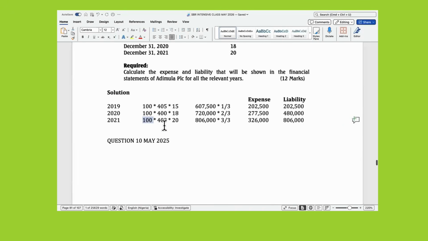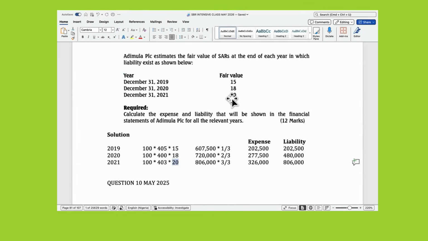So we did 100 times 403 multiplied by the fair value at year three, which is 20. And that gives us 806,000, which is our liability for the 3 years. That's why we multiply this by 3/3.